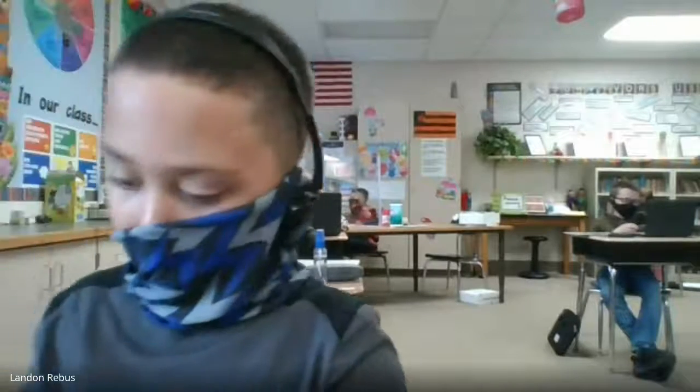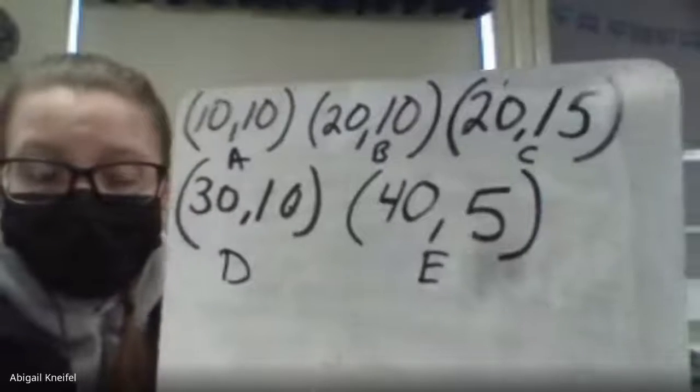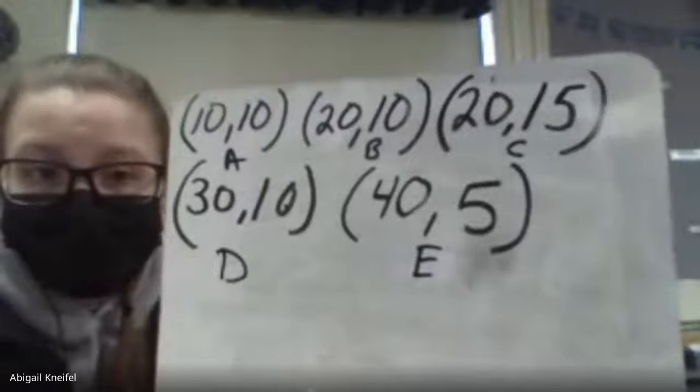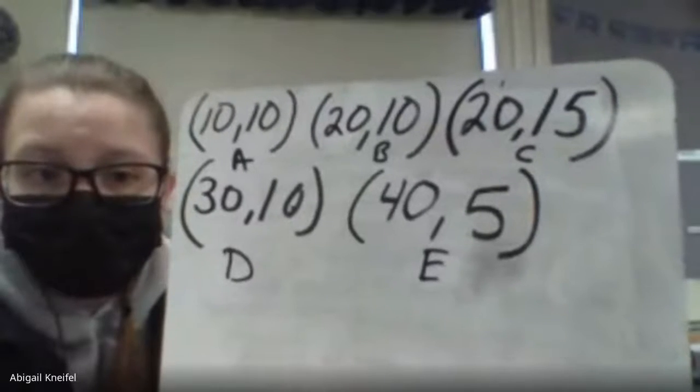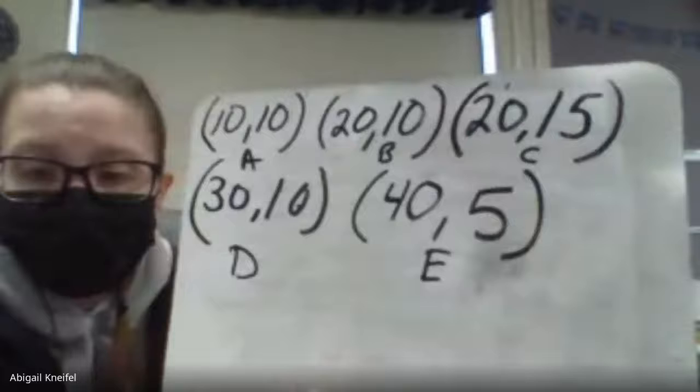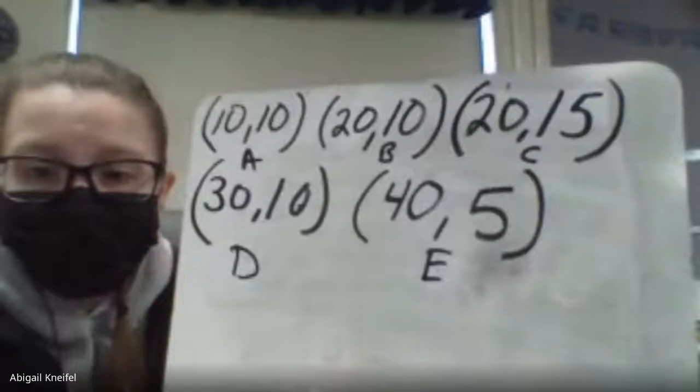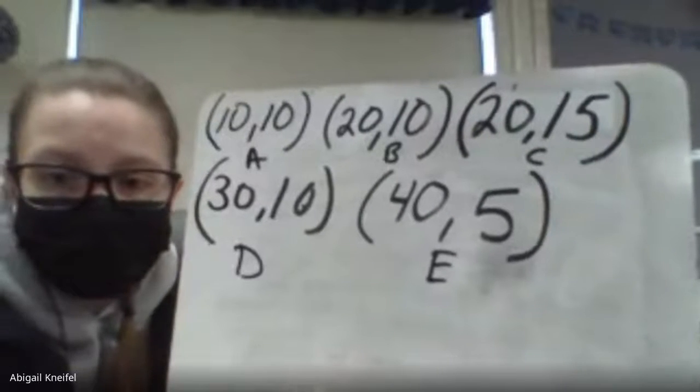Pin me, Cadence. Okay, well, let me read them again to you. A is 10, 10. B is 20, 10. C is 20, 15. D is 30, 10. E is 40, 5. Okay?